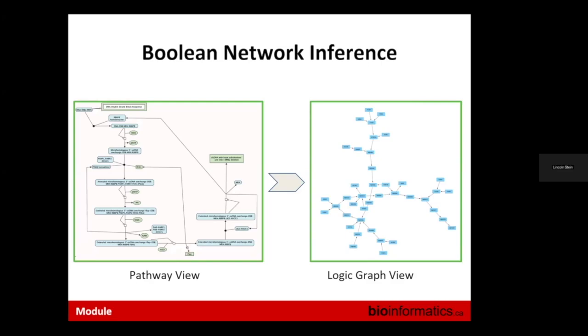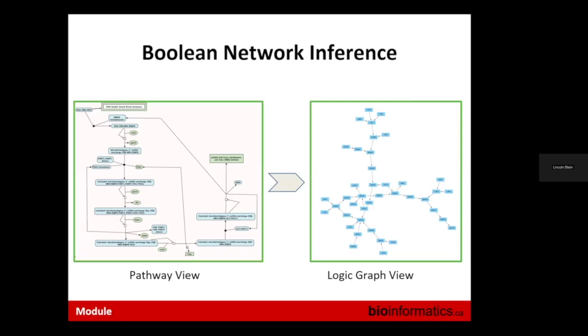So we'll talk about the Boolean models. In a Boolean model, essentially you start with a detailed pathway description with all the biological relationships, and you convert this into a model in which there are two types of connections between the nodes, the genes.